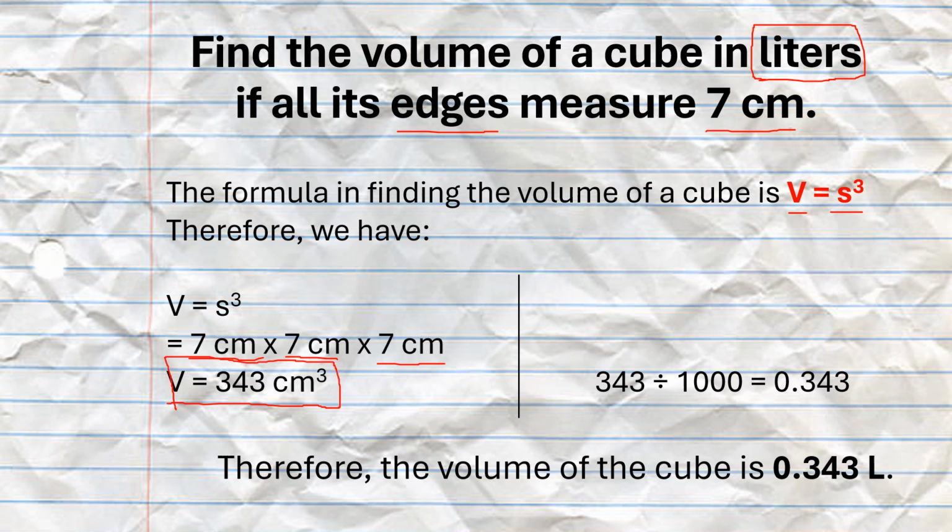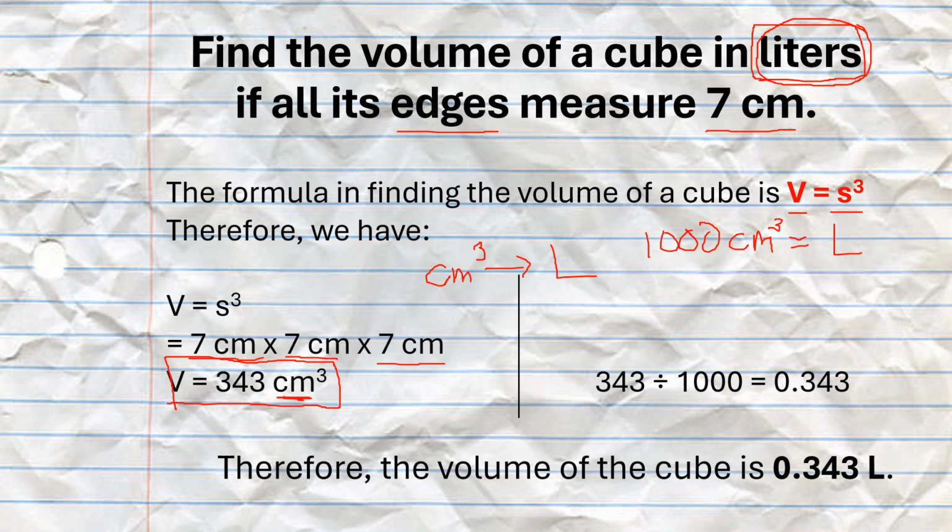But it's not yet done. As mentioned in the problem, we are looking for the volume in a measurement of liters. So we convert the volume from cubic centimeters to liters. To do that, we know that there are 1,000 cubic centimeters in every liter.